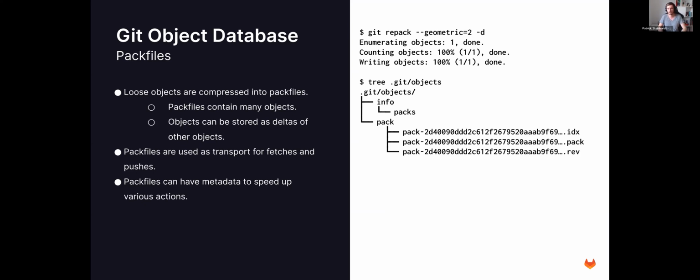You can now see that on the right-hand side you have this pack, which is identified by a hash, and it has three different files: an index, which is used to look up an object efficiently inside of the pack; then the .pack file, which is the Packfile itself containing all the compressed object data; and then the .rev file, which is a reverse index, also used to speed up certain operations, for example, efficiently calculating the size of an object stored inside of the pack.